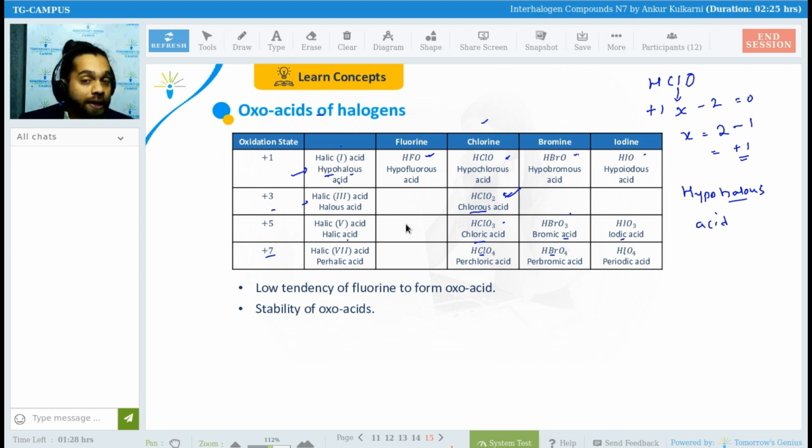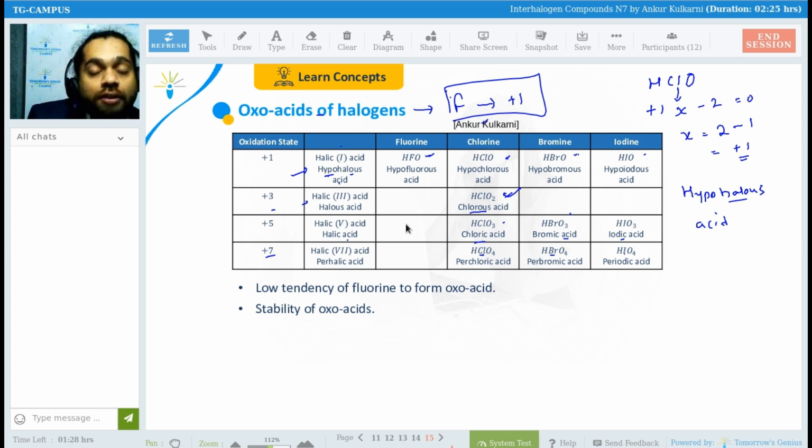Now it is noteworthy that fluorine only exists in +1. Write it down, the exception kind of thing. Fluorine only exists in +1 in oxo acids of halogen. No +3, no +5, no +7.